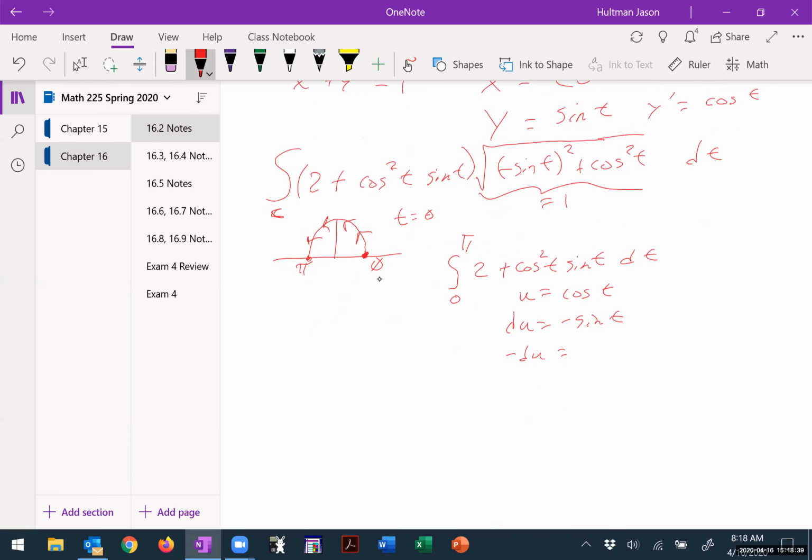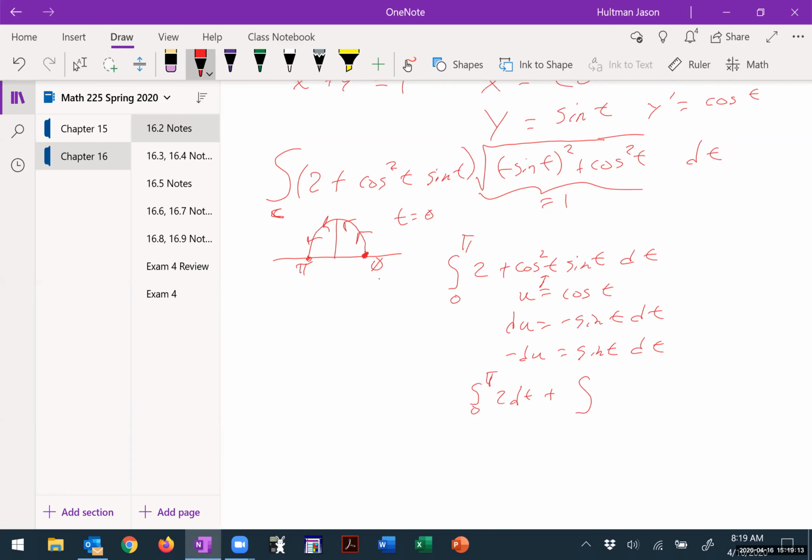So this is going to be the integral from 0 to pi. I'm going to break this up into two integrals because I'm using a u-sub on the second one. The integral from 0 to pi of 2 dt, plus, using my u-sub, the integral.